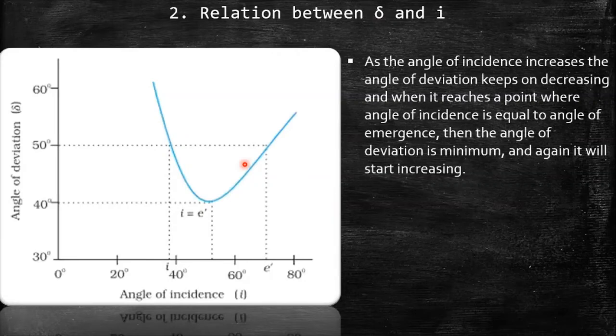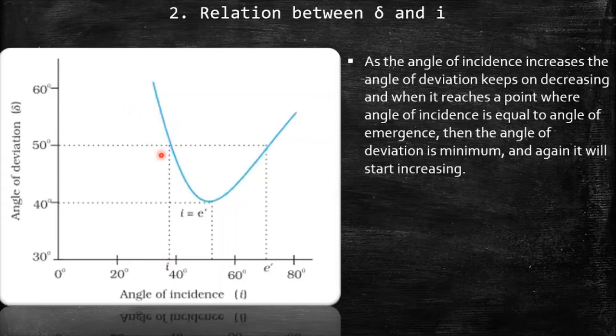And what was the inference of this graph? Now of course this graph is of the angle of deviation delta versus the angle of incidence I, correct? So let us try to see what did they find. They certainly found out that as we kept on increasing the angle of incidence, the angle of deviation decreased.